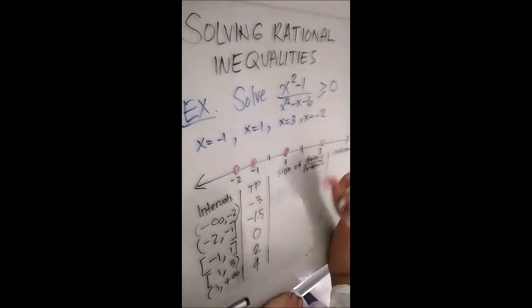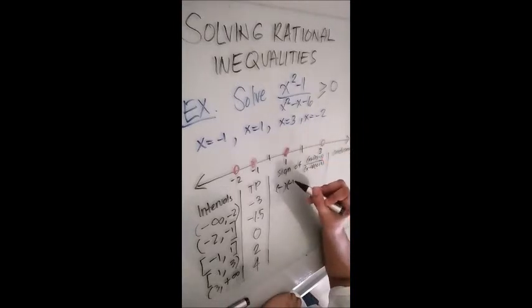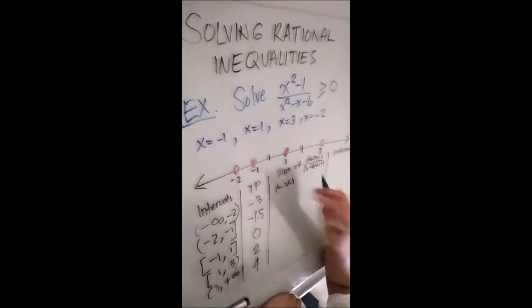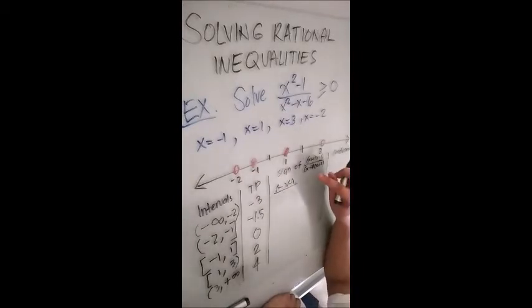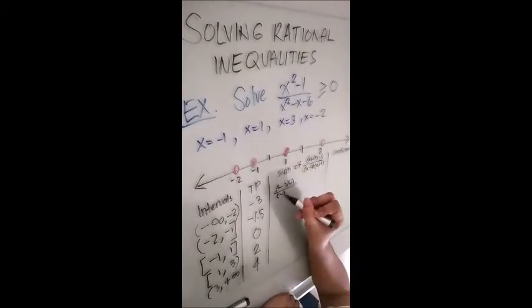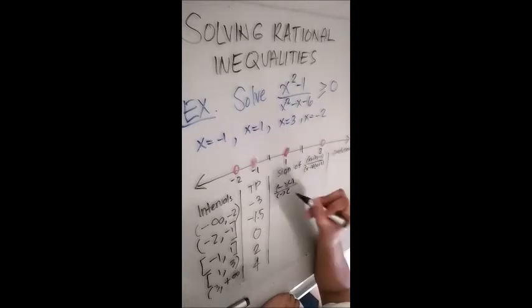Okay, now the sign. When the test point is negative 3, negative 3 plus 1 is negative, times negative 3 minus 1 is also negative, over negative 3 minus 3 is also negative, and negative 3 plus 2 is negative.